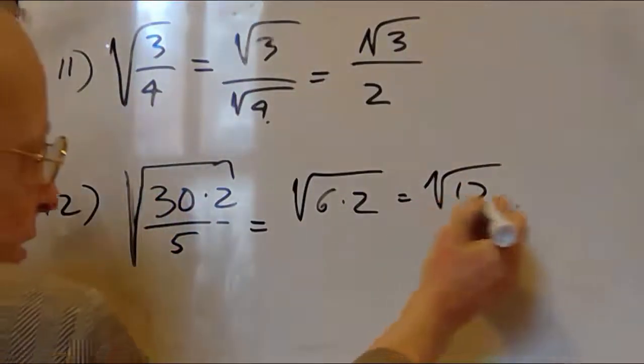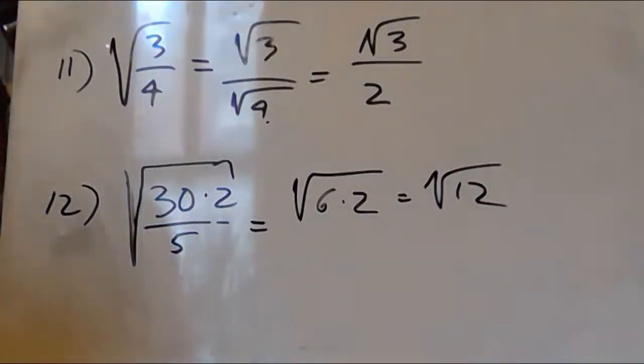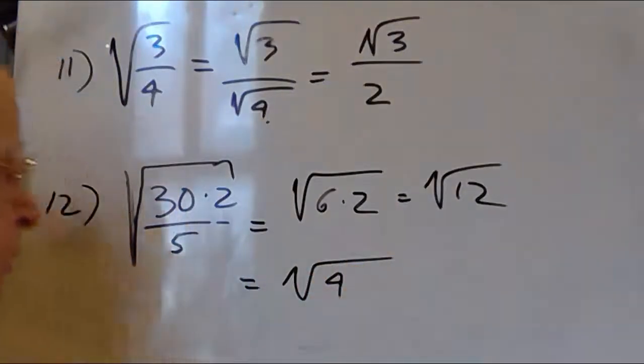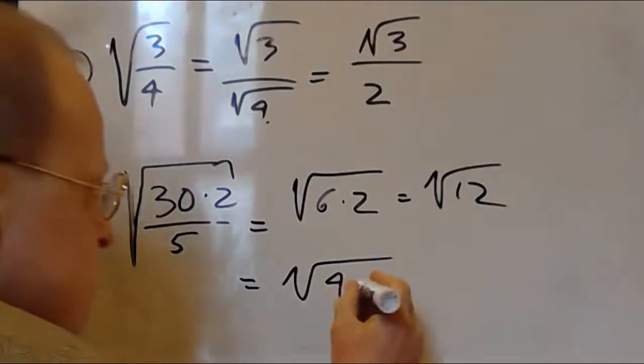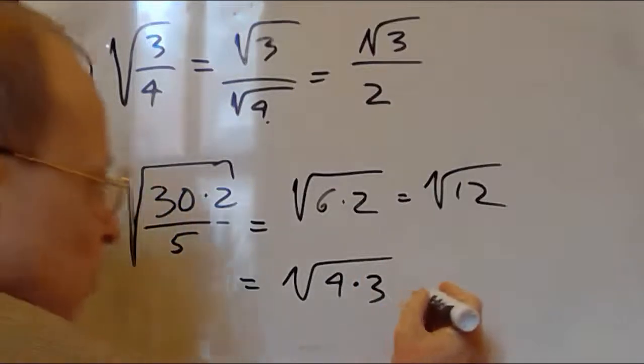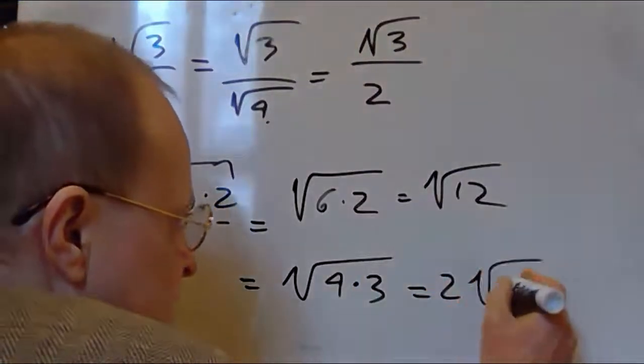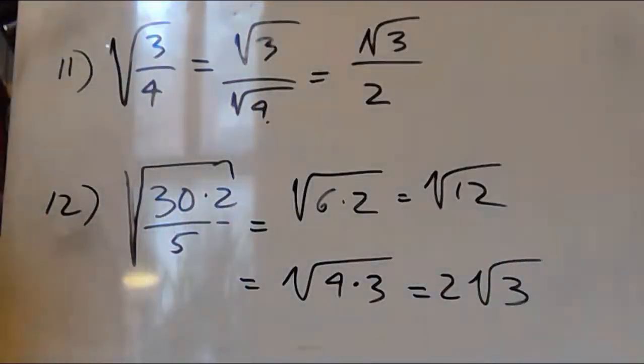And now we want to simplify, because remember, our last rule is we have to have our radical simplified. We know that hidden in 12 is 4 times 3, and 4 is a perfect square, so we have 2 square root of 3 as our final answer.